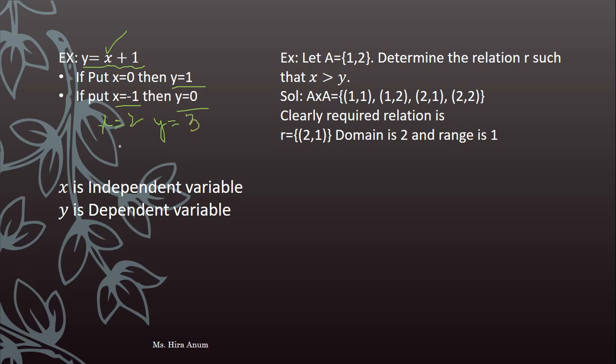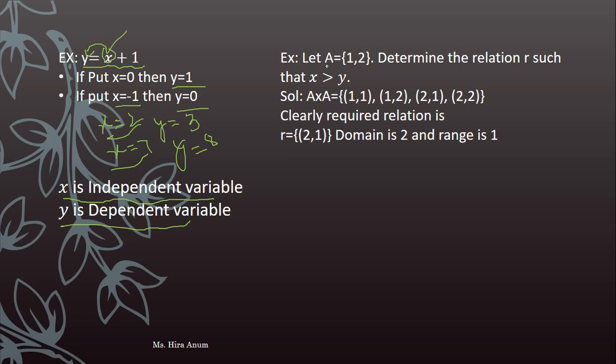If x is 7, then y is 8. So you can see it depends on x. So x is the independent variable and y is the dependent variable. When we give the independent variable, it gives the value of the dependent variable.